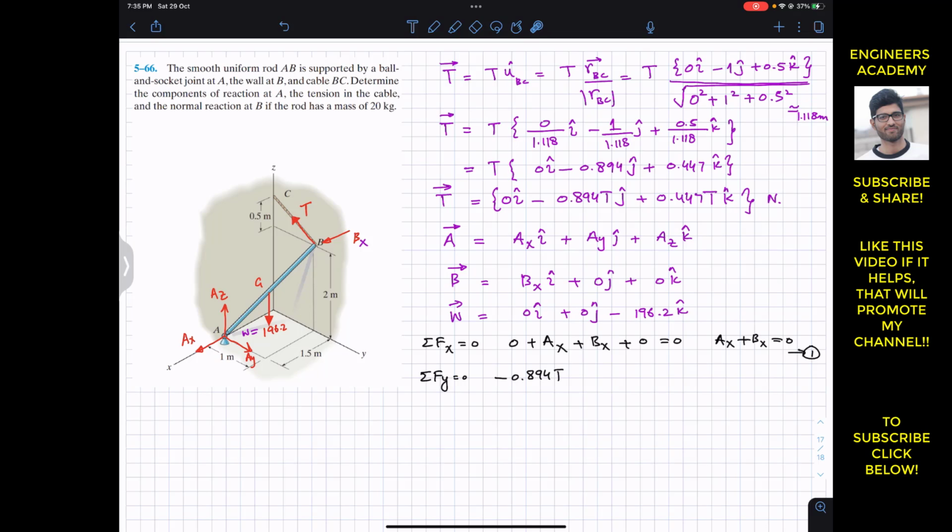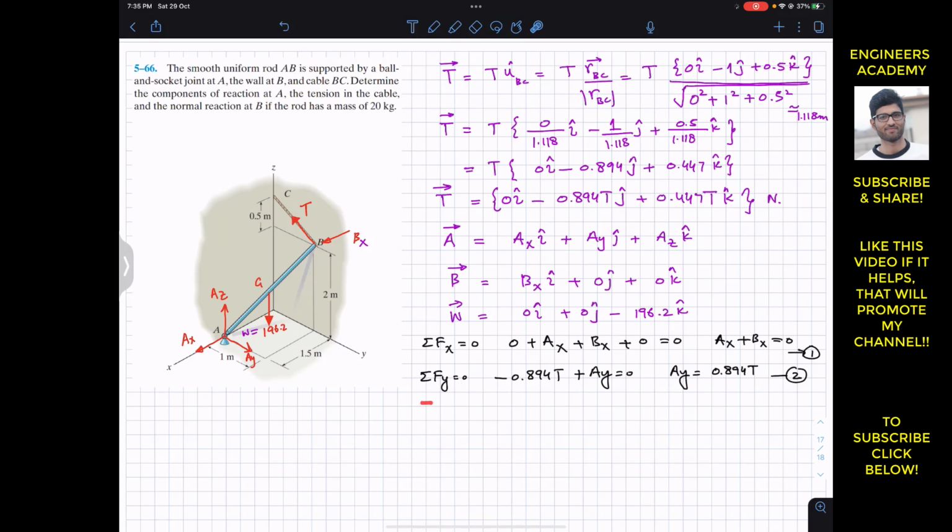So we will have plus AY equals 0, or we can say that AY is equal to 0.894 T. This AY will be equal to the Y component of T. So this is our equation 2. Once we find the T magnitude, we will be able to find AY using equation 2.